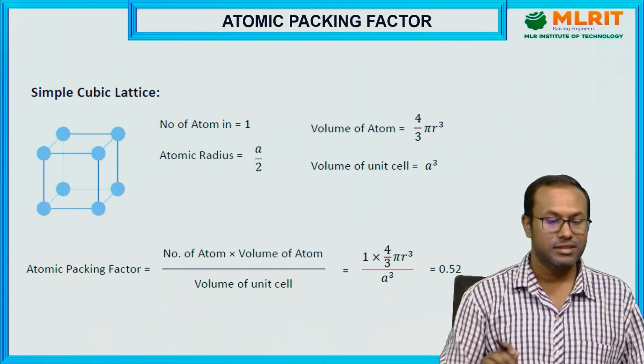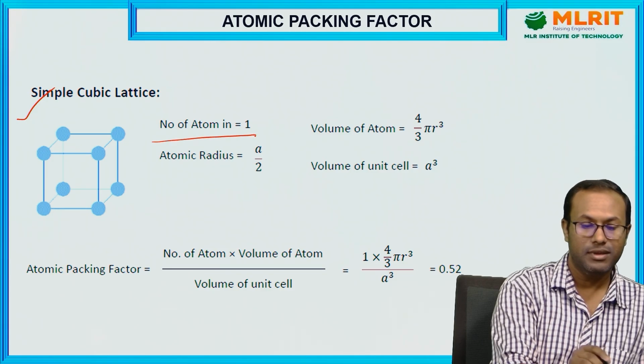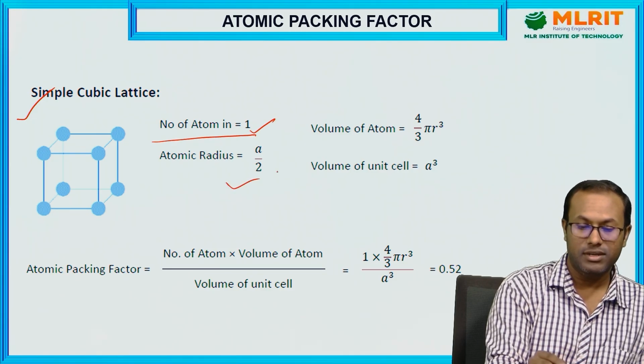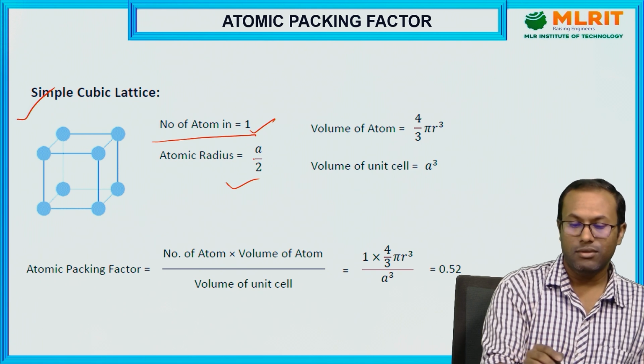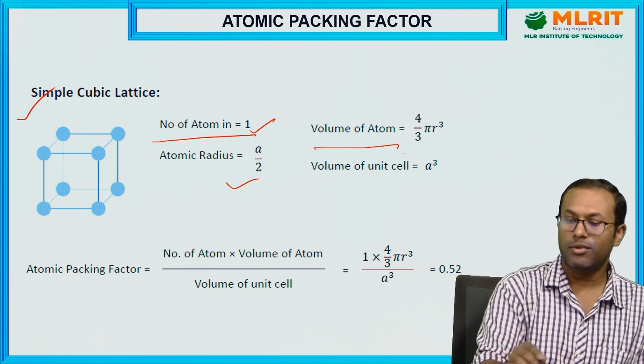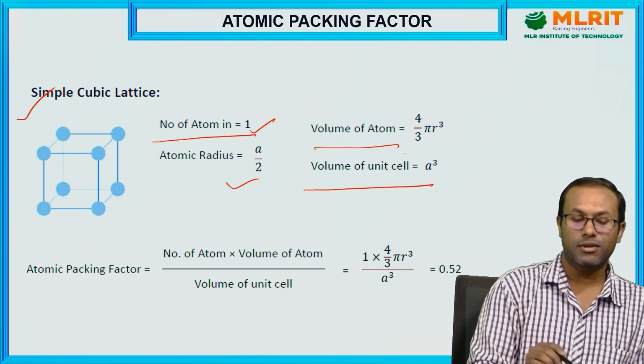Now next, in case of simple cubic, what is the effective number of atoms? The effective number of atoms is 1. And the atomic radius we already discussed, that is a by 2. The volume occupied by the atom is 4 by 3 pi r cube. The volume of the entire unit cell is a cube because each length is a.